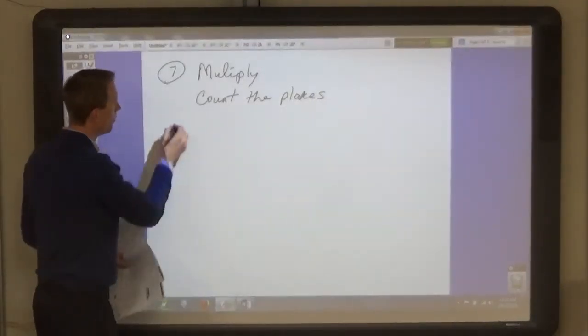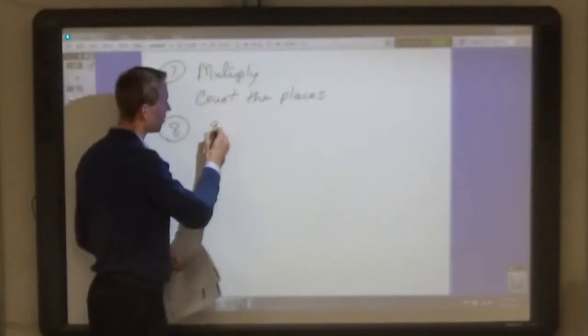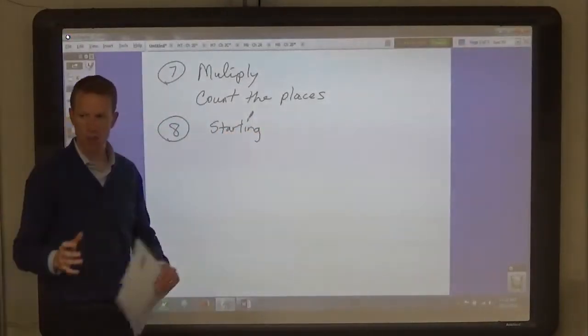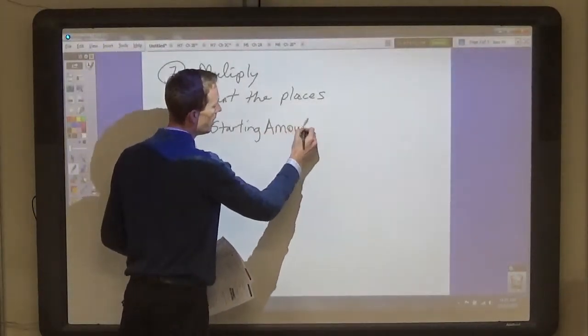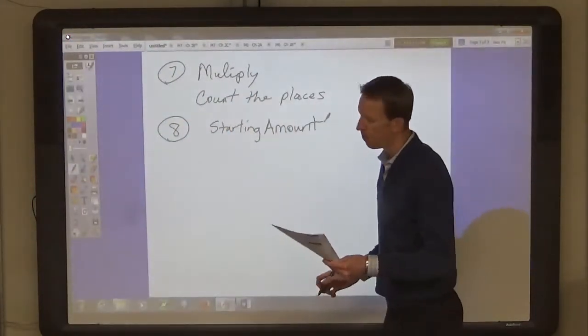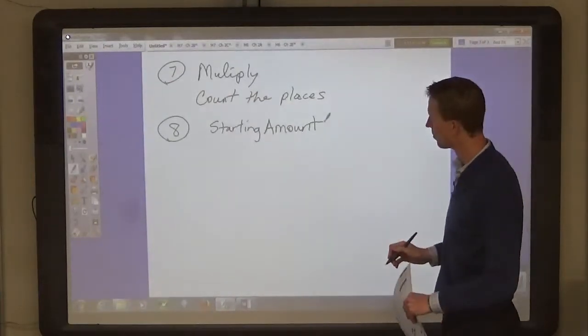Number 8 we talked about. Number 8, the starting amount is the first part of the drawing. That's the amount that's shown on top. So in this case, 4.2 is 4 wholes and 2/10.